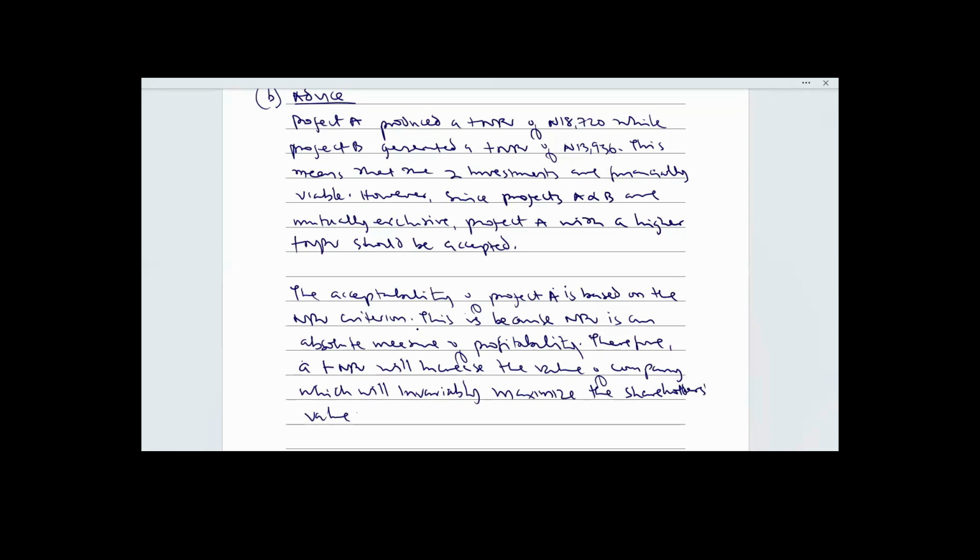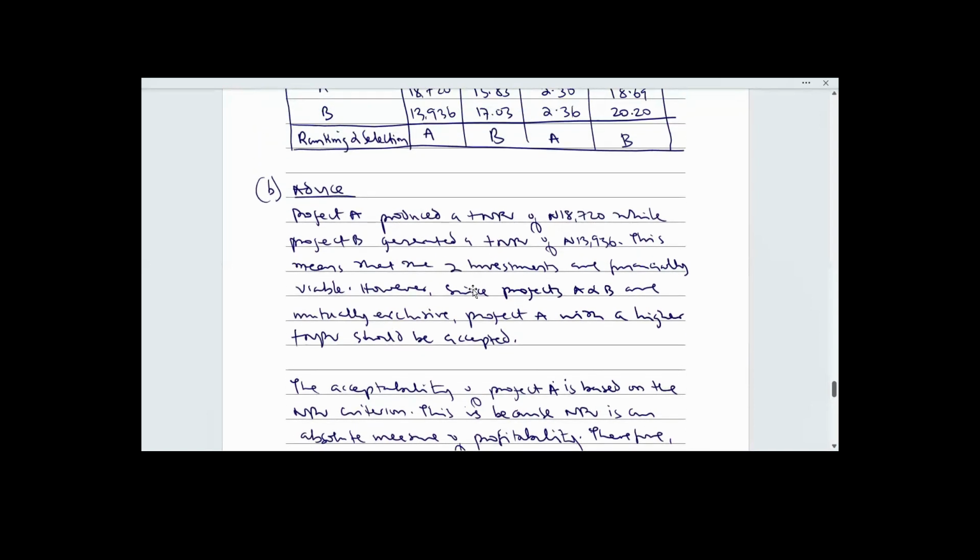That's that. If you want to go further, you can just state maybe one or two disadvantages of IRR, payback period, and accounting rate of return to justify your position, but this is okay. So that's the end of the question.